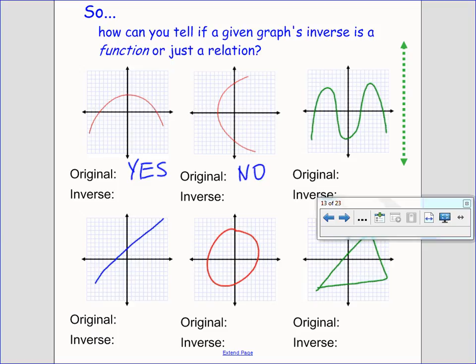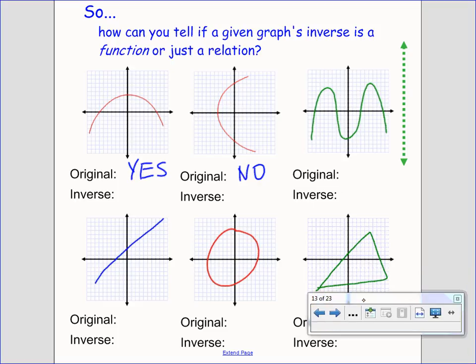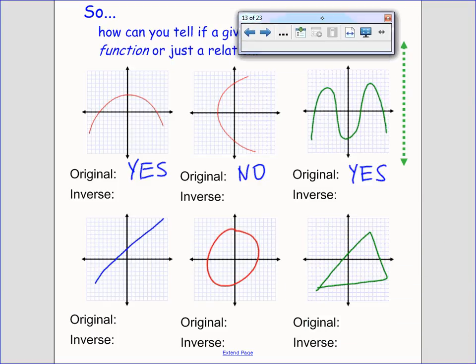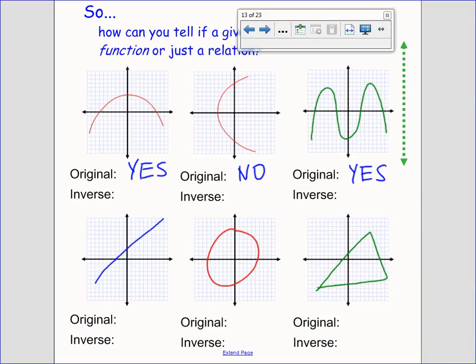Original, no, fails the vertical line test. The original graph in green, top right, yes, passes the vertical line test. Bottom left, original, yes, middle, no, last, no, so we've got a yes, no, no.